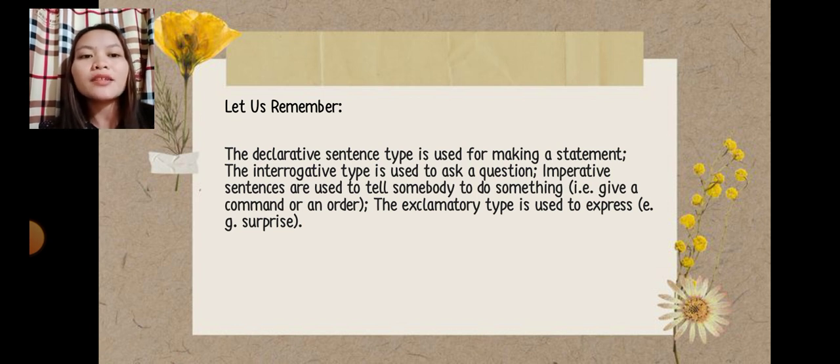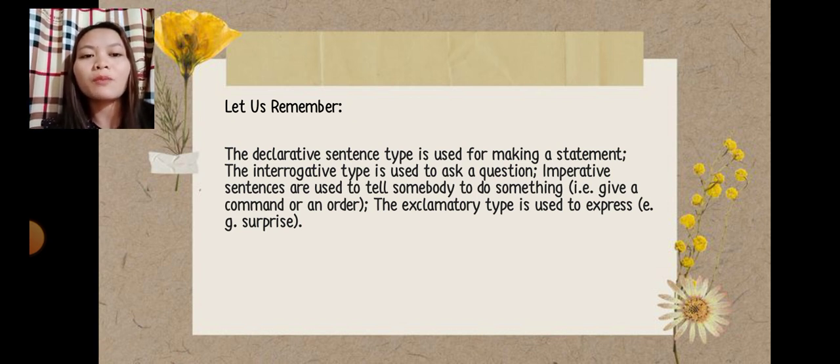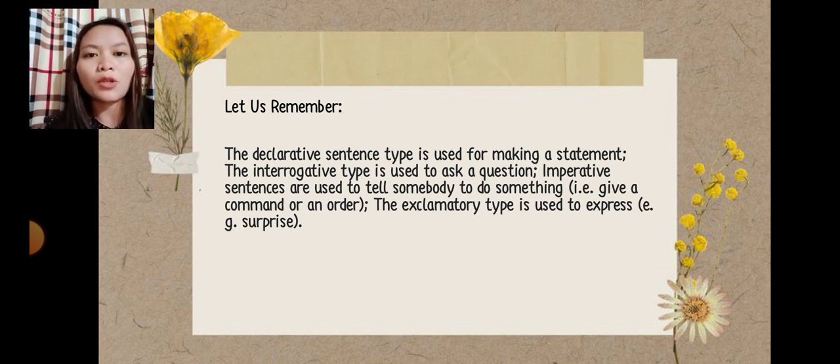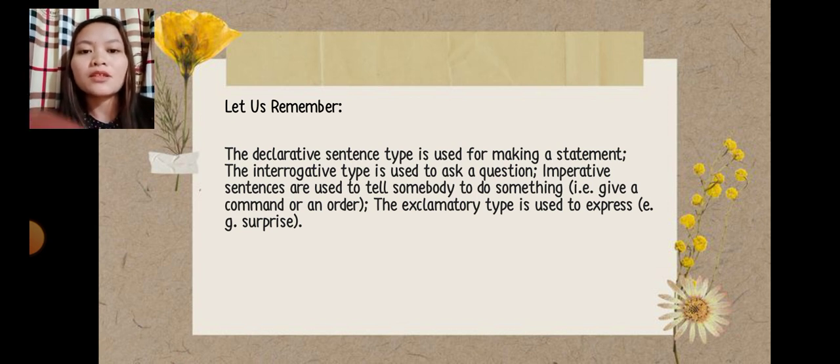The interrogative type is used to ask a question. Imperative sentences are used to ask somebody to do something, give a command, or an order. The exclamatory type is used to express surprise. Are there any questions? Okay, none so far.